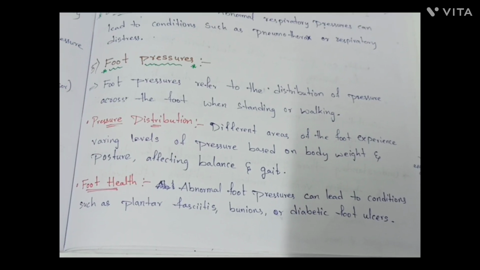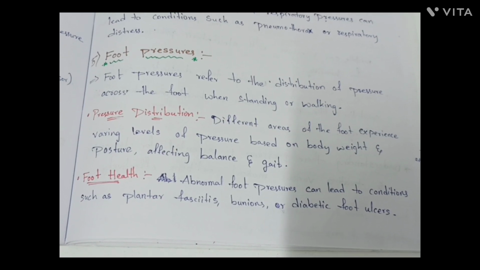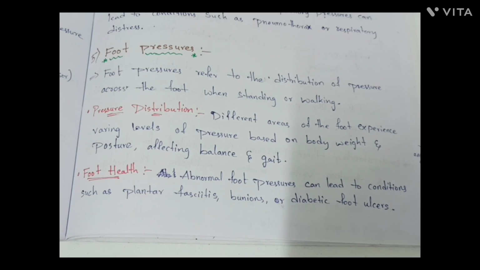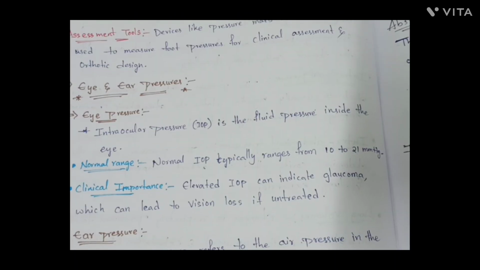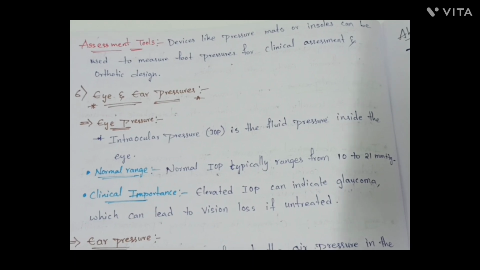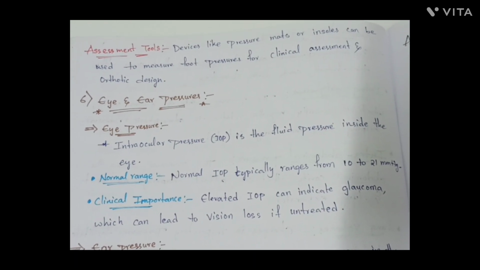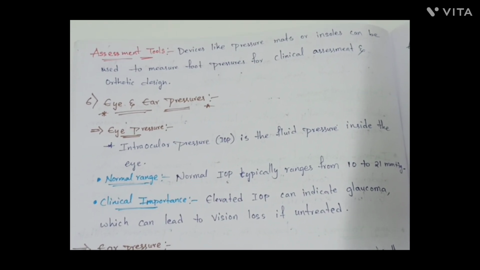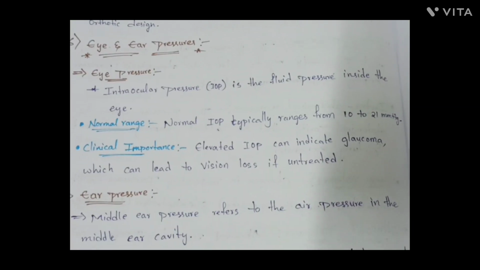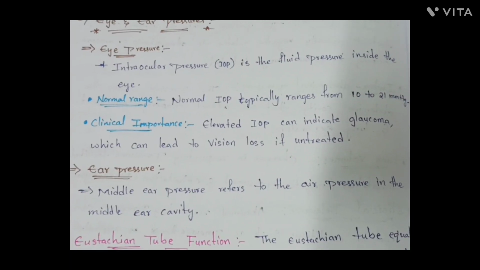Abnormal foot pressures can lead to conditions such as plantar fasciitis, bunions, or diabetic foot ulcers. Assessment tools. Devices like pressure mats or insoles can be used to measure foot pressures for clinical assessment and orthotic design. Eye and ear pressures.